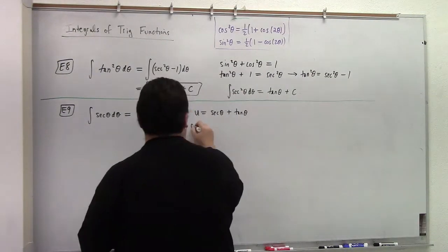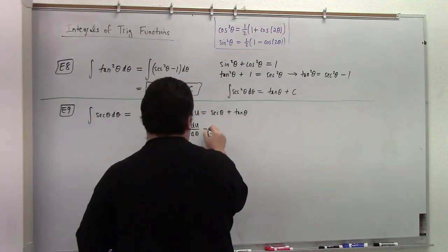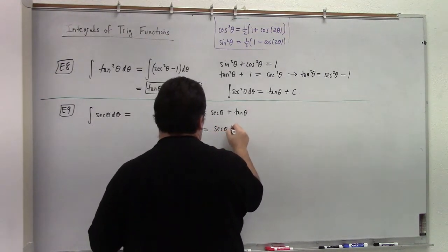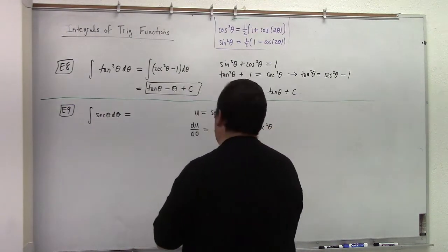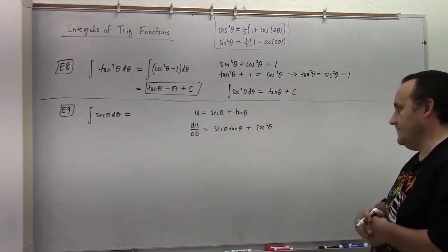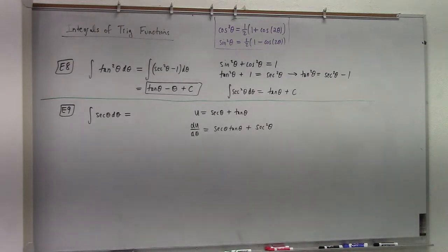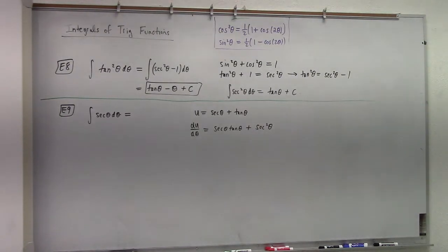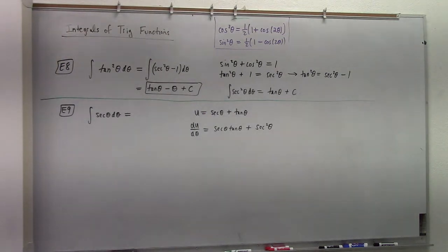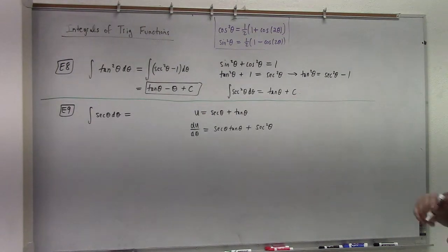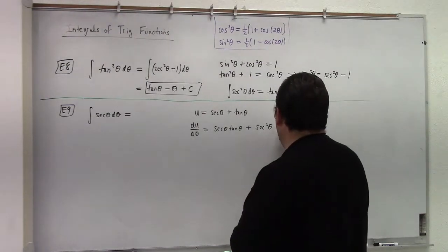du d theta is what? Well, it's secant theta tangent theta, right? Plus secant squared theta. Hey, check that. You can factor secant out of that, can't you?